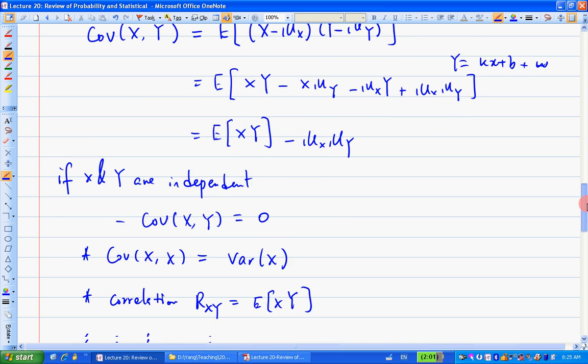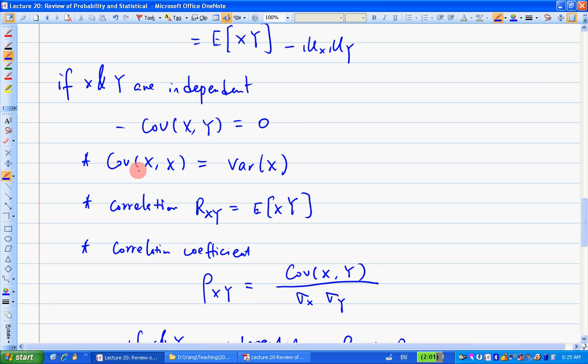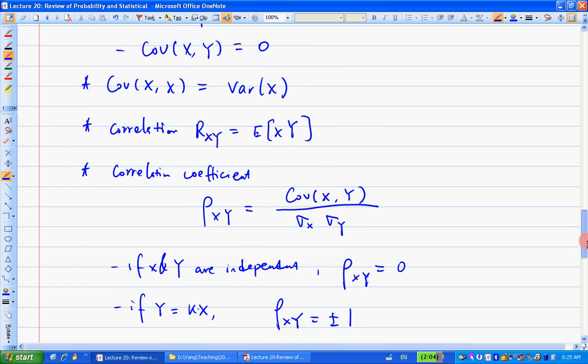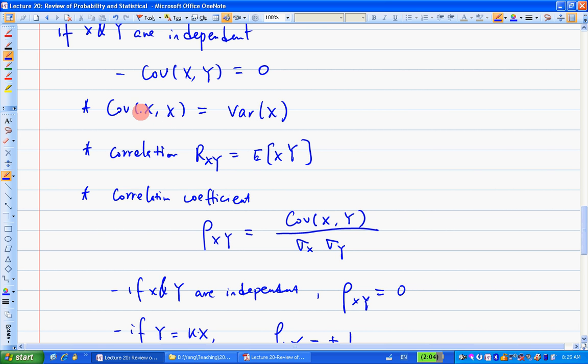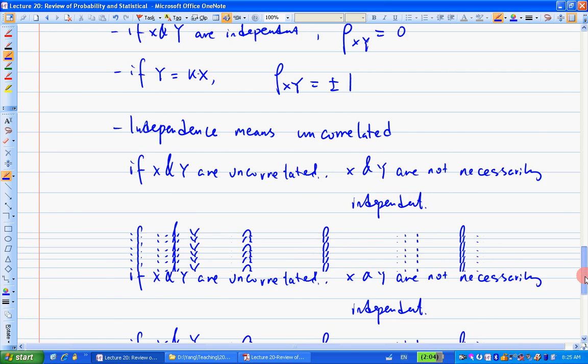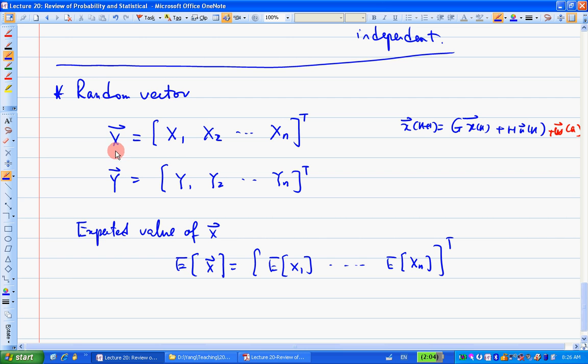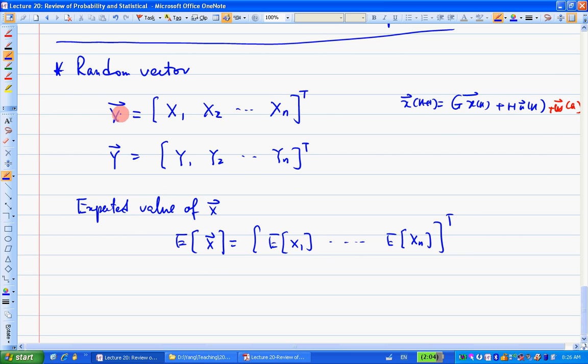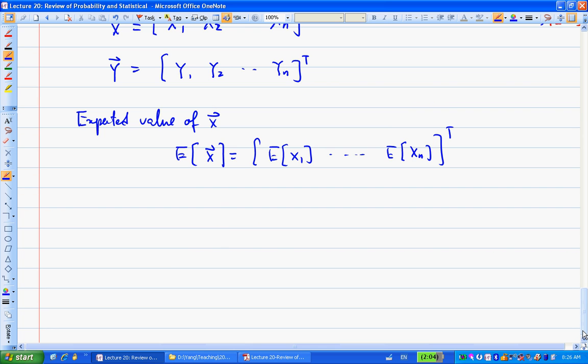And if this is just covariance of X with X, we can call it autocovariance, but it's just one random variable, so you can just call that covariance. Now we have a random vector, and if we try to compare the relationship between the x vector and the y vector, we have this concept called cross covariance.